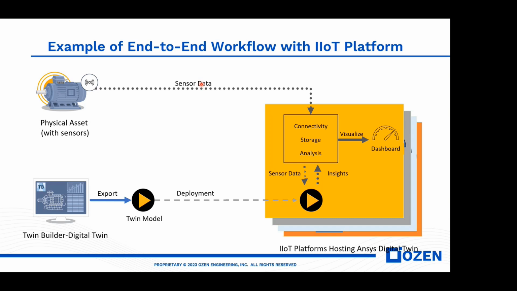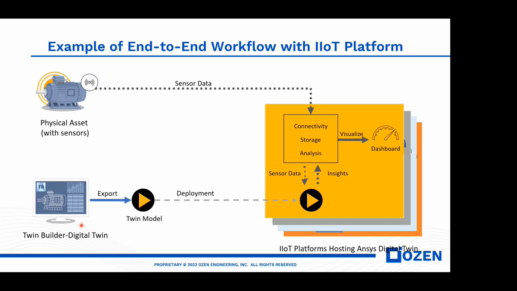The data from the physical asset is relayed by the sensor to the IoT system. So this yellow section that you see is actually in the cloud, or on the internet, or in a server somewhere. The data is sent directly to the server and stored in the cloud. We have our Ansys Twin Builder tool, which is taking data from our flagship solver.